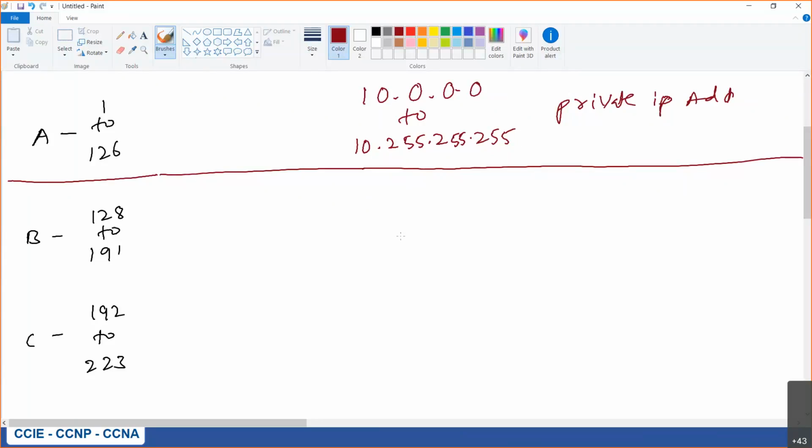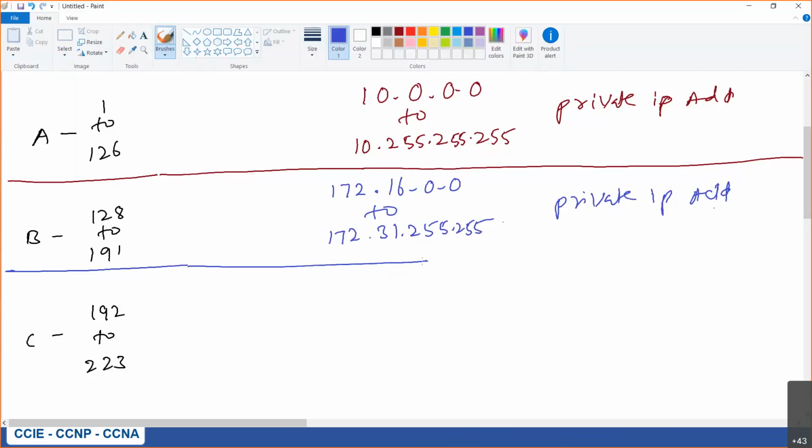In class B, out of 128 to 191, IP starting from 172.16.0.0 to 172.31.255.255 is the private IP address range.